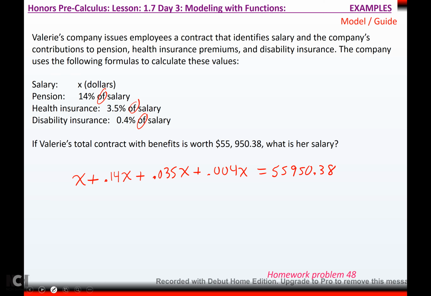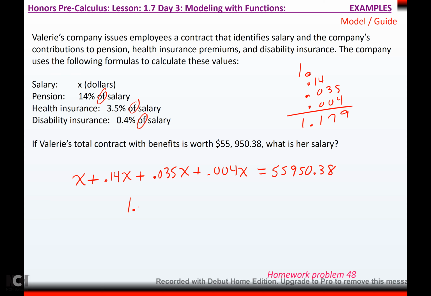So if I add all of those up, I get 1 plus 0.14 plus 0.035 plus 0.004, that's going to be 1.179, yes?